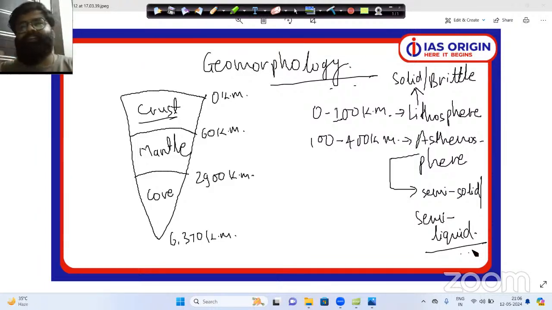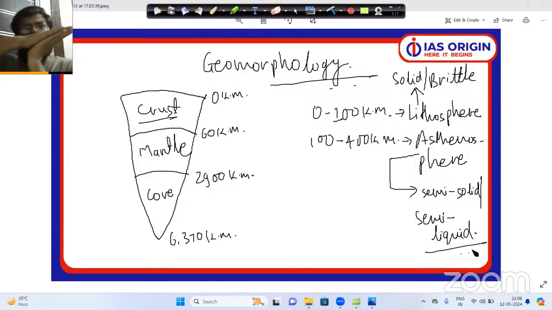That is what we call semi-solid or semi-liquid. Now please try to imagine that the depth of the earth from 0 to 100 kilometer, that is the lithosphere, is solid and very, very brittle. But if you go deep down from 100 to 400 kilometer, that is semi-solid or semi-liquid. Here, please look at my hand and imagine that this upper hand is your lithosphere and this lower hand is the asthenosphere.